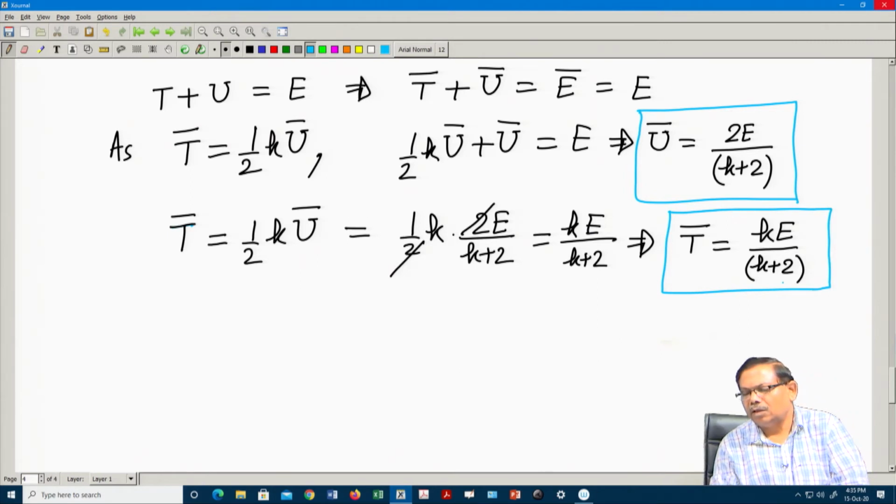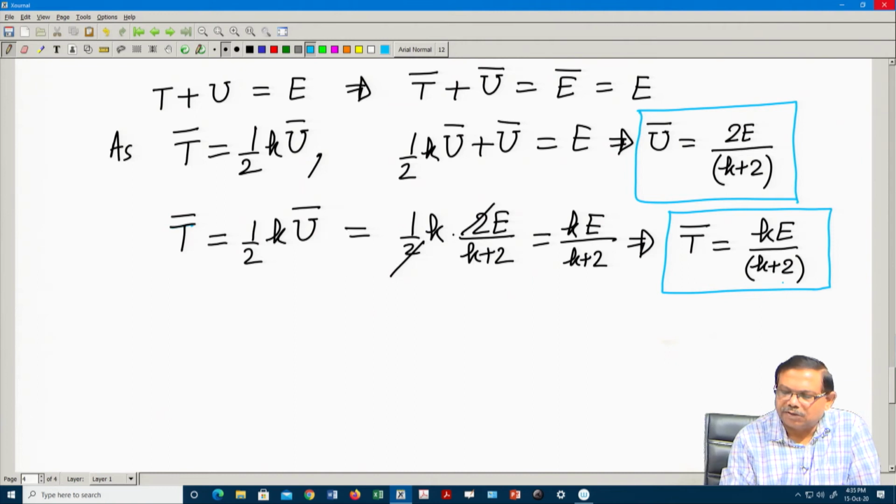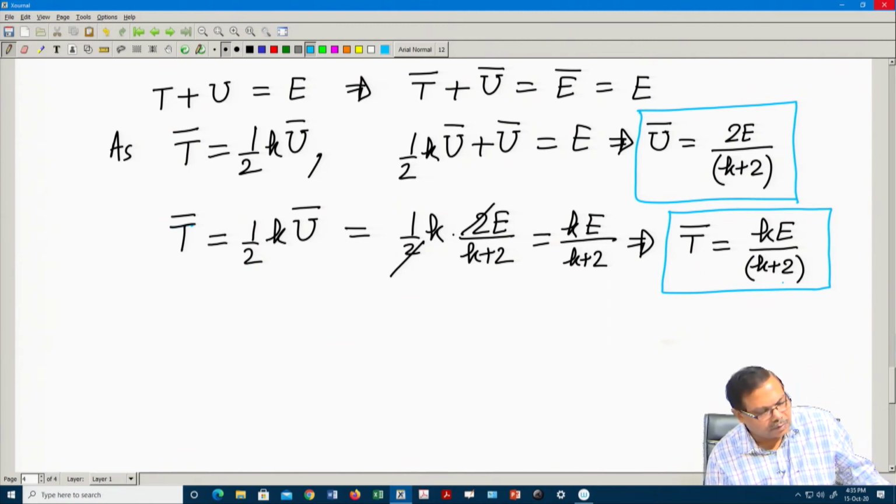These are the general results based on two assumptions: force is derivable from a potential energy, and potential energy is a homogeneous function of these coordinates. Now we look at the standard cases we encounter in physics.